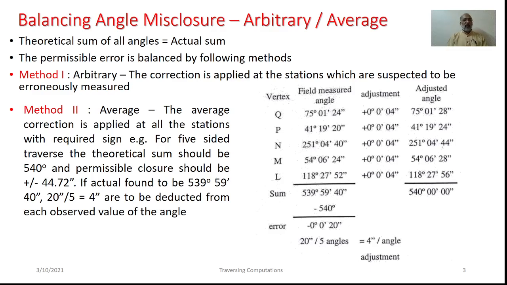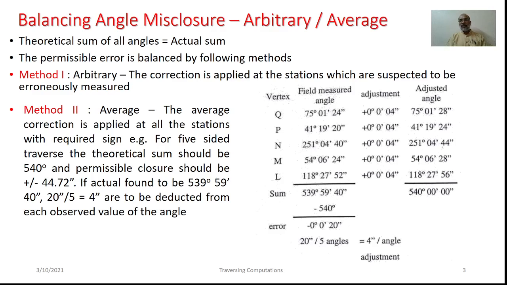Giving consideration to our permissible error concept, the permissible closure could be plus or minus 44.72 seconds for that 5-sided traverse. Here, as the error is within the limits, it can be just averaged out as 20 seconds by 5, that is 4 seconds.